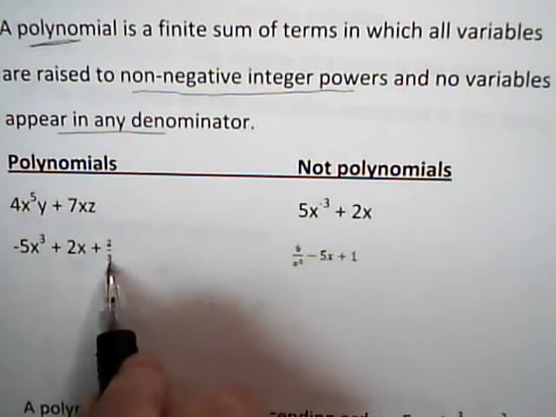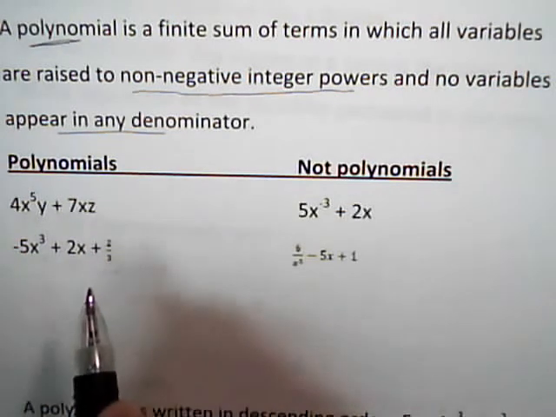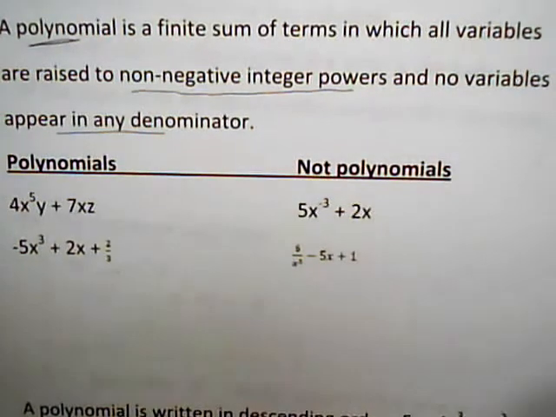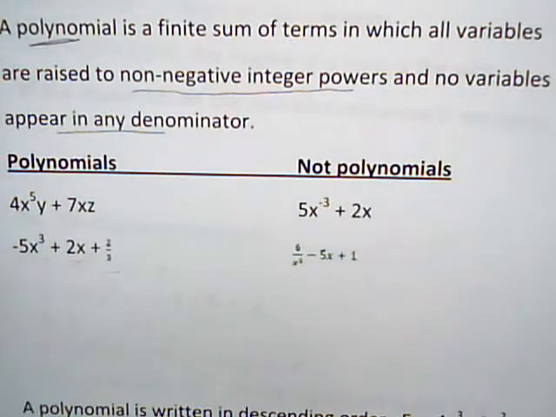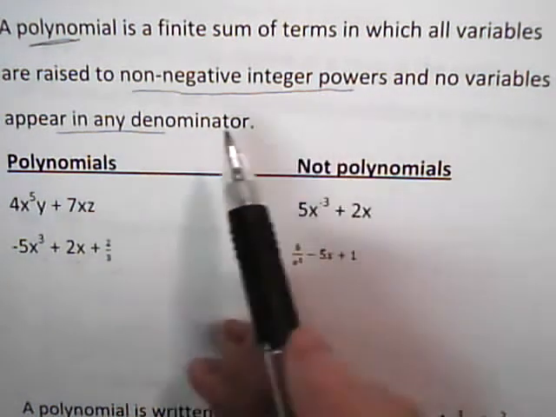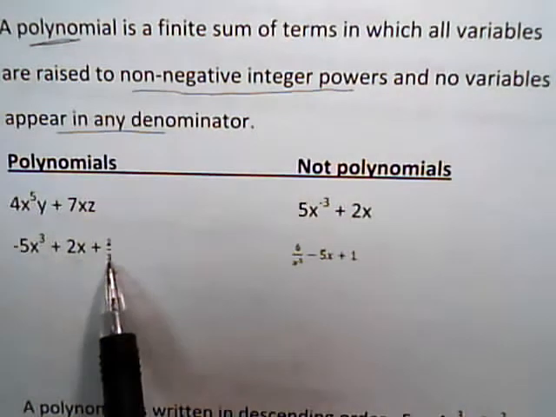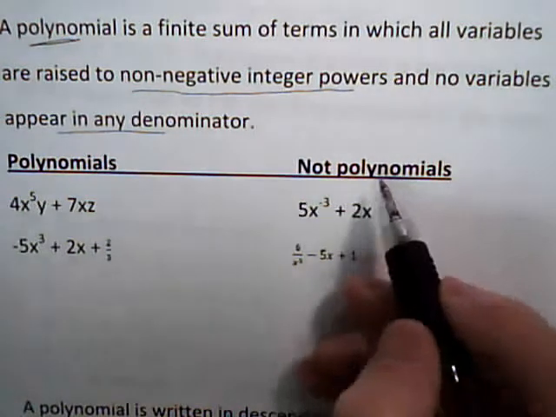Now notice this has a fraction, but if you'll remember, it didn't say anything about not having fractions. It said non-negative integer powers and no variables in the denominator. And if you look at this denominator, there's no variable. What are not polynomials?